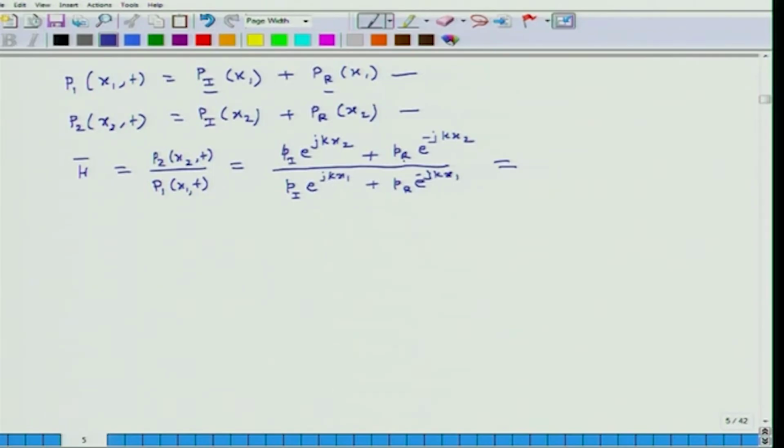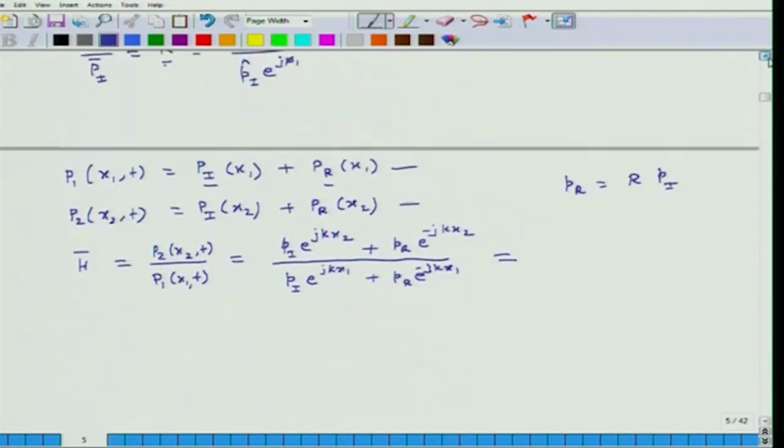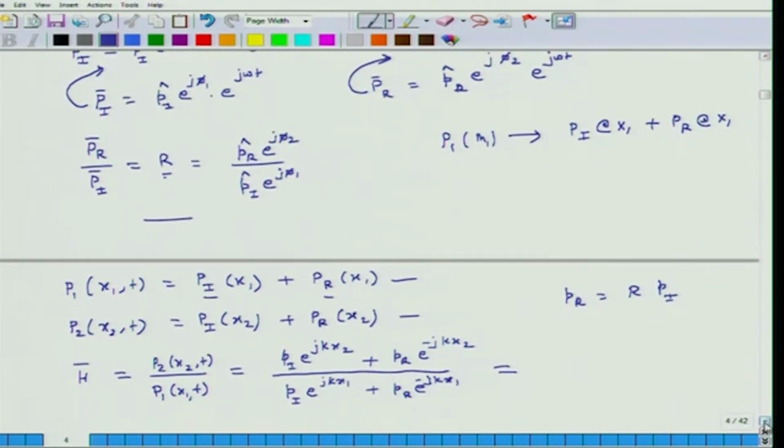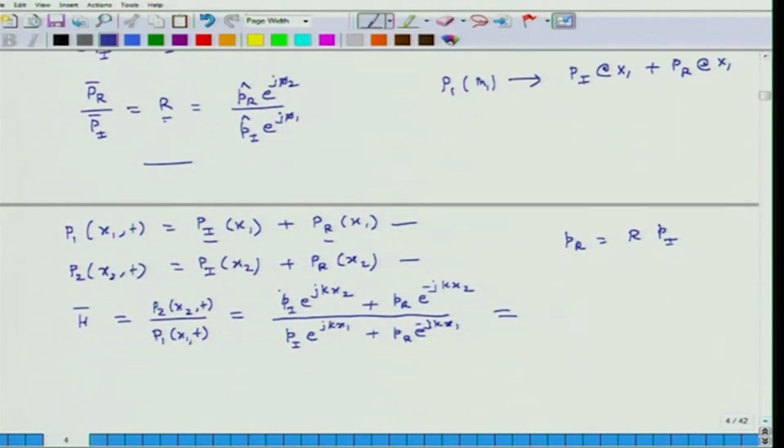Now I know that Pr is equal to R times Pi. We have defined it here. Actually I should have put these bars on them if I had been more careful, so I will put them so that there is no confusion.